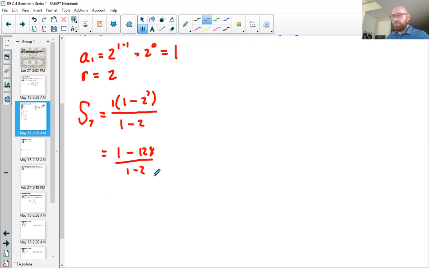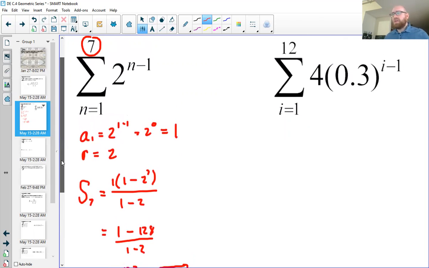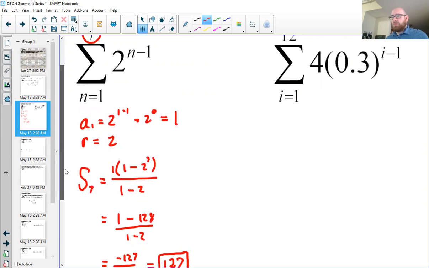It doesn't change anything. Then we end up with negative 127 all over negative 1, which gives us in total positive 127. Which, if we start with our first term and add all the way up to 7, is what we would obtain.